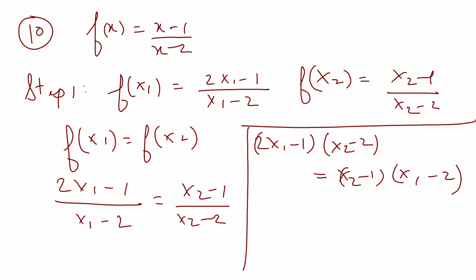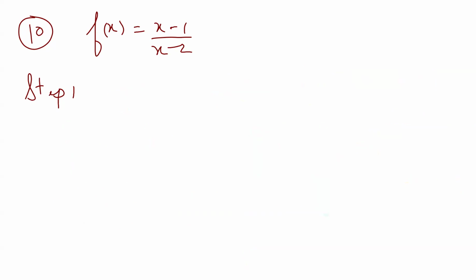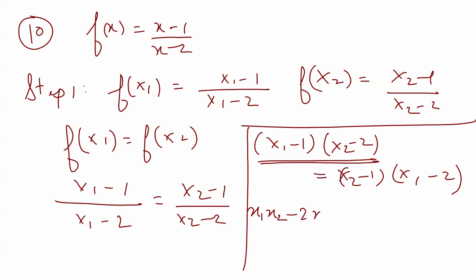Why am I writing that 2? There is no 2 over here, sorry. So multiplication of these brackets will be x1 x2 minus 2x1 minus x2 plus 2 is equal to x1 x2 minus 2x2 minus x1 plus 2.